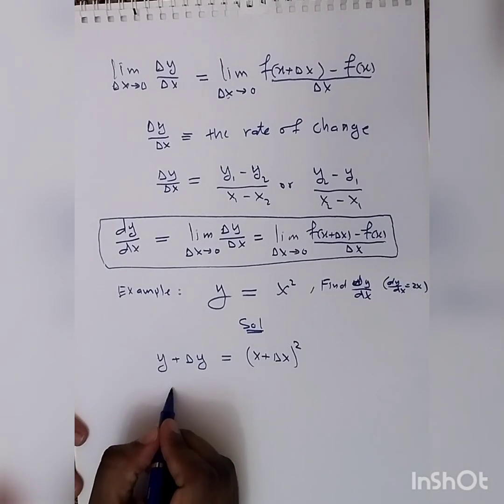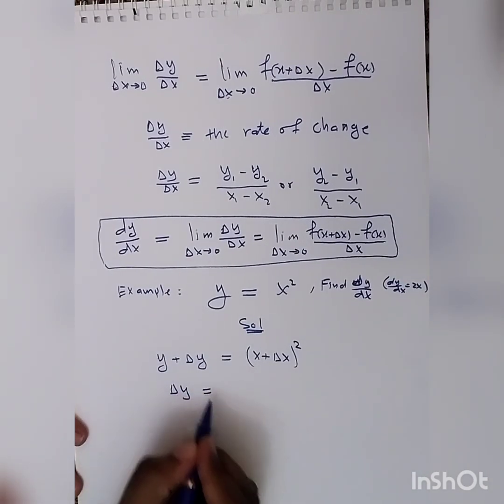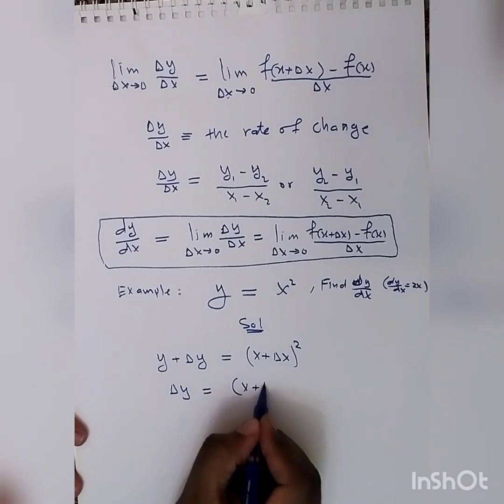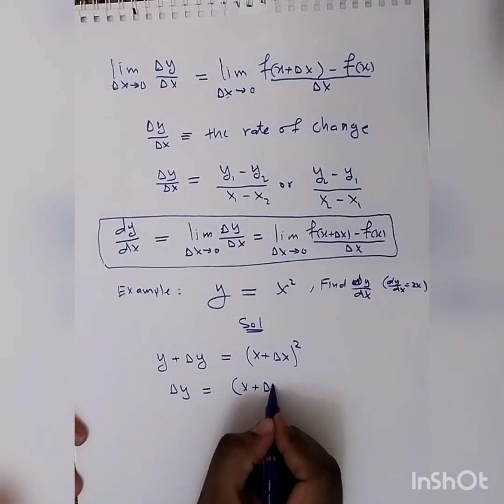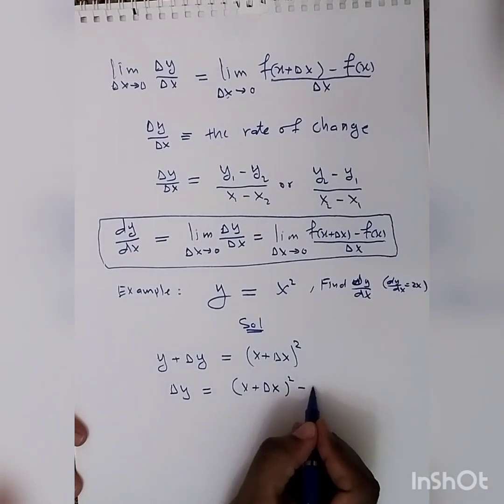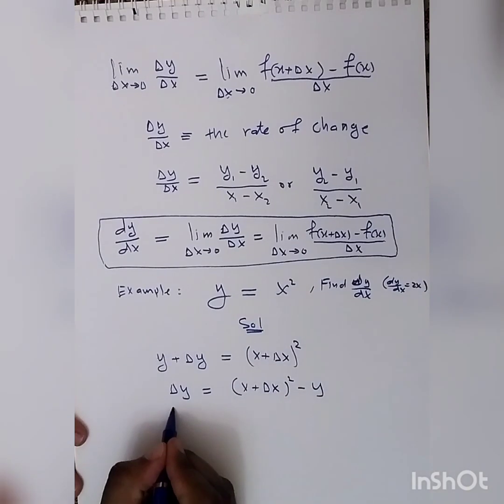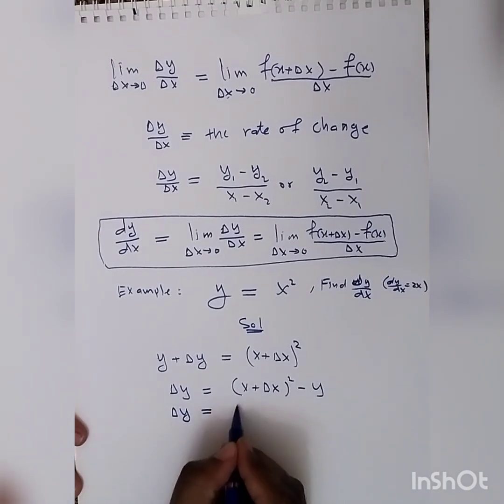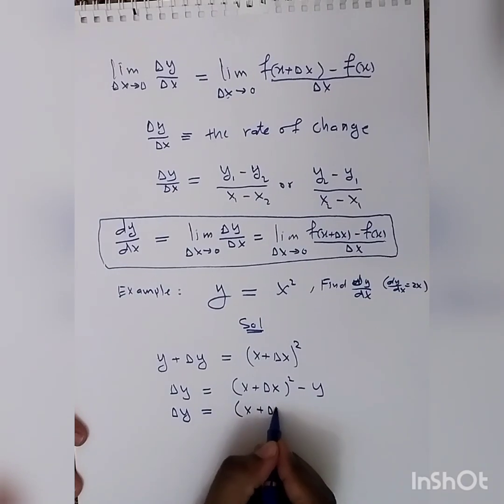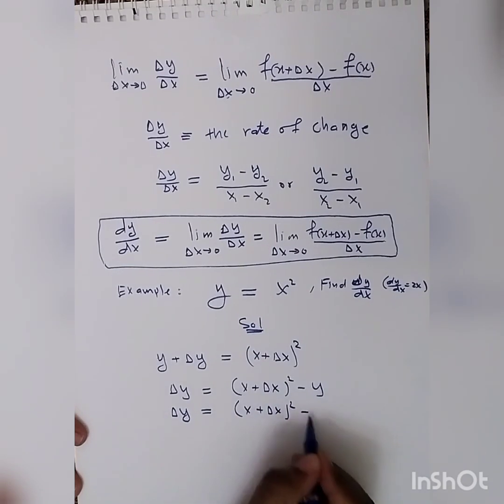So now again we can write it as follows using the similar idea: y plus delta y will be x plus delta x squared. And we already know y, so delta y will be x plus delta x squared minus y. Y is given here, which is x squared.